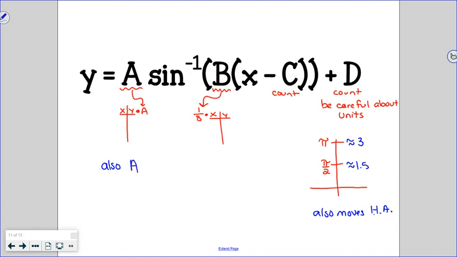We will take A times, now your asymptote is at pi over 2, so A times pi over 2 to move the horizontal asymptote on an inverse tangent graph. Whatever you multiplied your y column by, you need to multiply pi over 2 by that same number to figure out where your asymptotes would be.